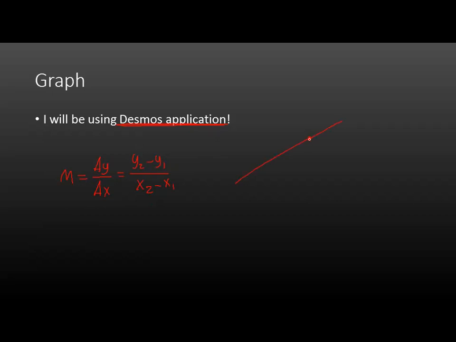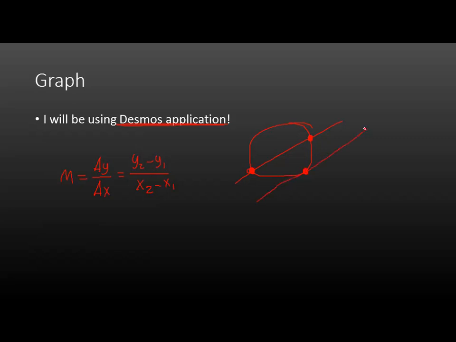Do you know what I mean by secant line? A secant line is basically a line that intersects a curve at 2 points only. For example, I have this weird oblong curve and there's this line that intersects at 2 points. So that is a secant line. And last but not least, we have the tangent line.